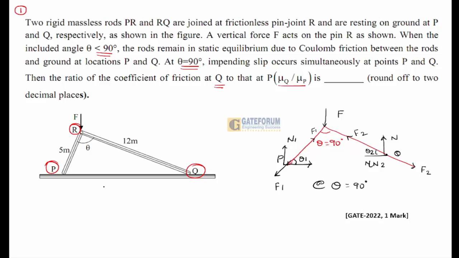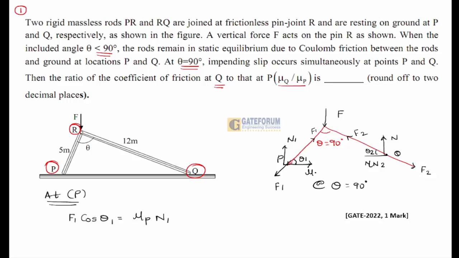Now at point P, what happens? Resolution of all horizontal forces gives F1 cos theta 1 equal to mu P into N1. Am I right?